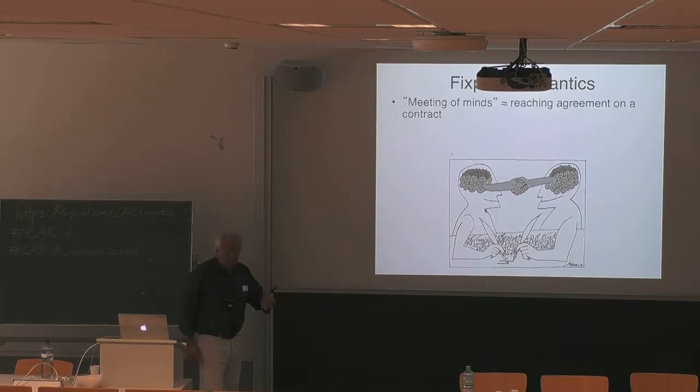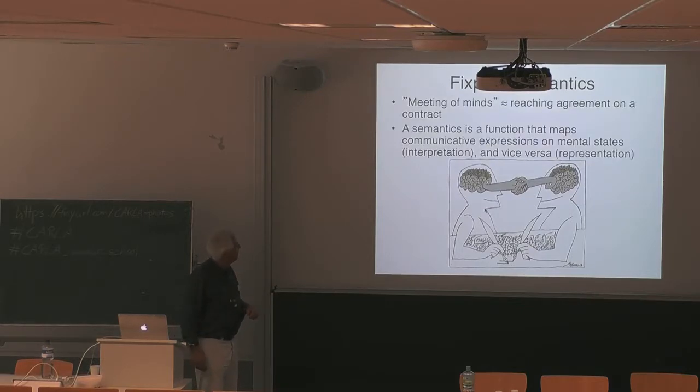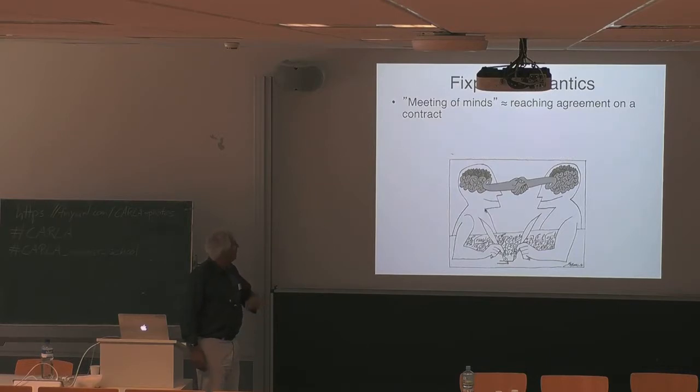Sharing meanings is a little bit like reaching agreement on a contract. We negotiate meanings rather than, well, sometimes I decide what the word means and you don't have anything to say. But typically, if we don't understand it, we negotiate meanings.